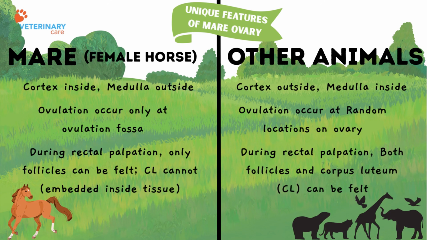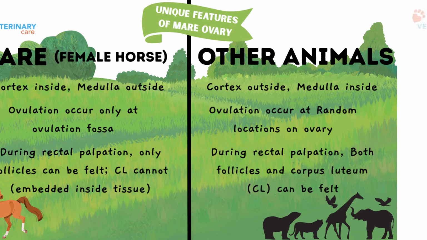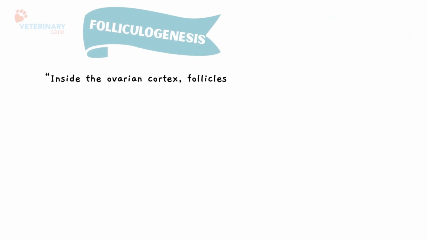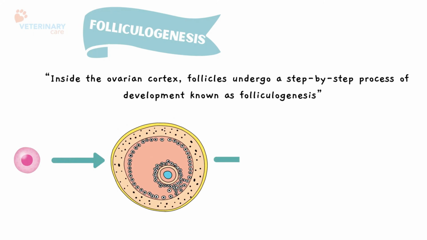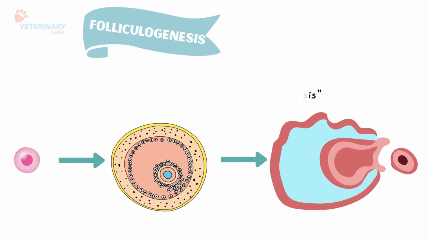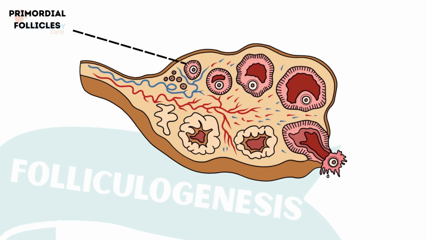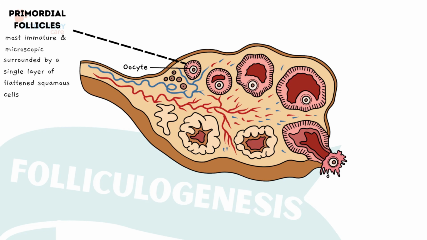Let's talk about how follicles develop. Inside the ovarian cortex, follicles undergo a step-by-step process of development known as folliculogenesis. This is simply the journey of an immature follicle gradually becoming mature and ready for ovulation. It starts with primordial follicles, which are the most immature and microscopic, consisting of an oocyte surrounded by a single layer of flattened squamous cells.